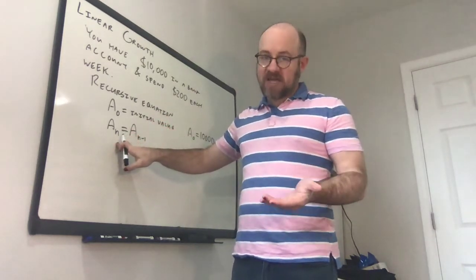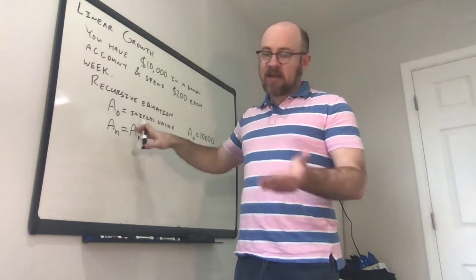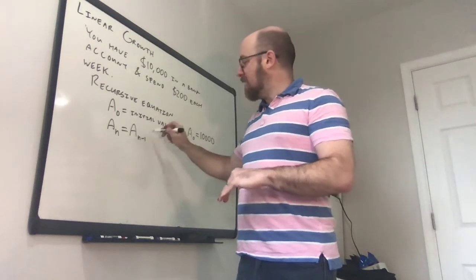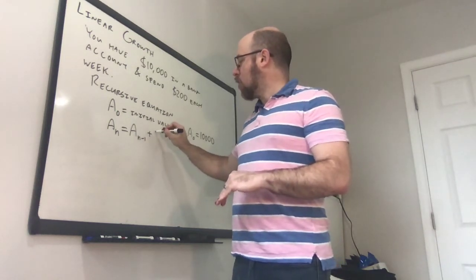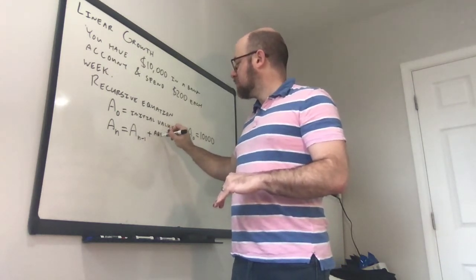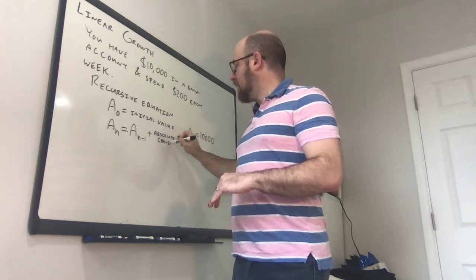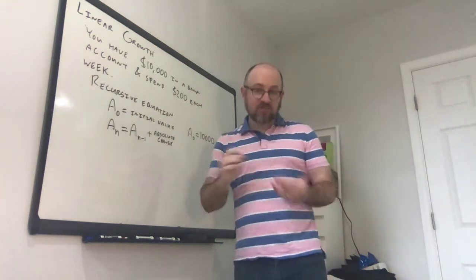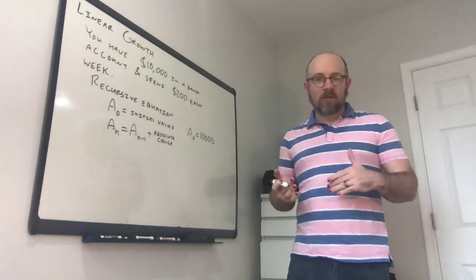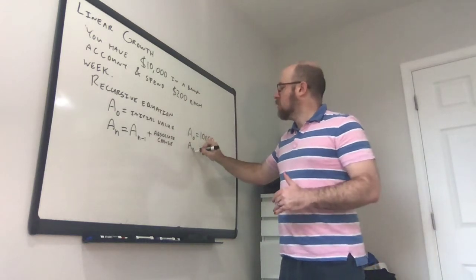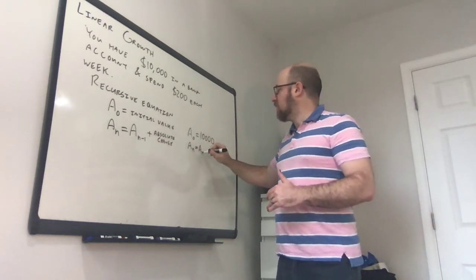So if n here were 10, n minus 1 would be 9. If n were 15, n minus 1 would be 14. And then we're going to add whatever our absolute change is to that. Okay? Add or subtract, right? It might be adding a negative number, subtracting something. So in this situation, we would have a sub n is equal to a sub n minus 1 minus 200.